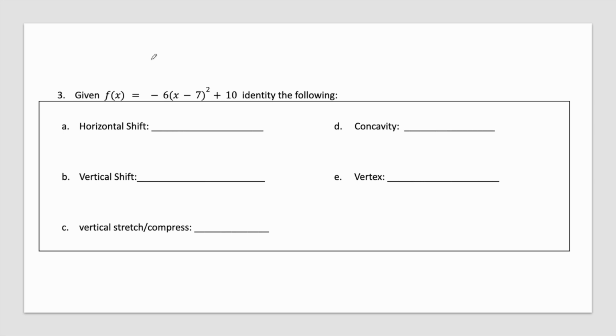So this is in what's called vertex form, and that is y equals a times x minus h squared plus k.